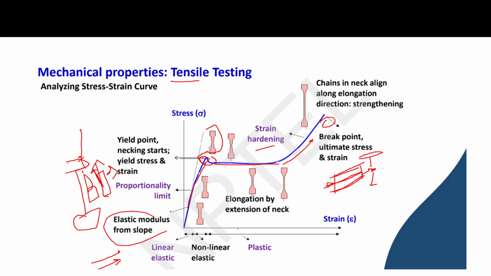By this stress-strain plot, we can get an idea of how the polymer will behave. Does it behave like an elastic material, or like a plastic material, and how much load it can sustain until breaking happens. From this we can get an idea about the polymer sample and the polymer's properties.